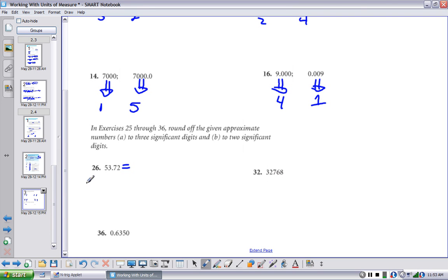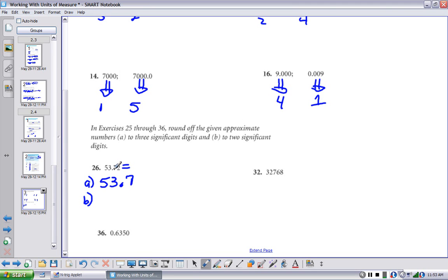So what we can do, we can call this 53, and we know that if we round here at the hundreds place, that's below 5, so it becomes 53.7. That's that number to 3 significant digits. It's part A. Part B is to 2 significant digits. So that means I need to get rid of the numbers on the right of decimal.